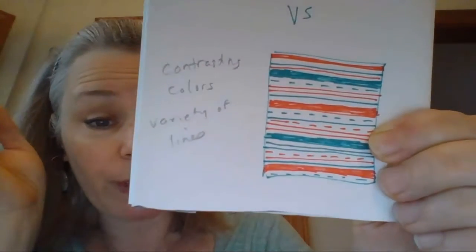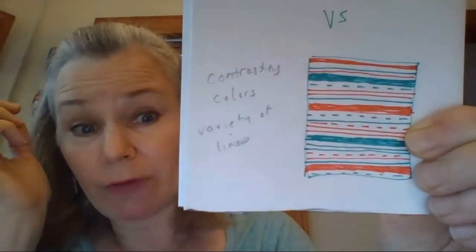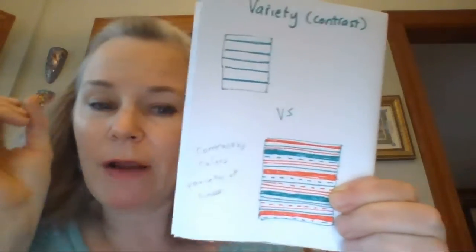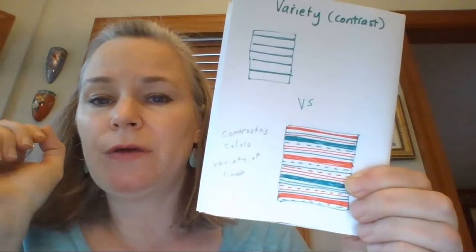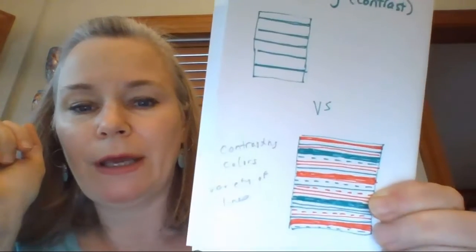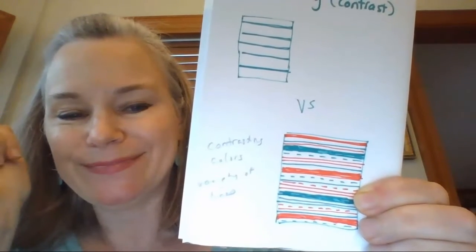So orange and blue is one example, or black and white will also give you a lot of contrast. So variety and contrast kind of make things pop. You need to think about what you can do to really make your artwork pop and make it more noticeable and pleasing to the eye.